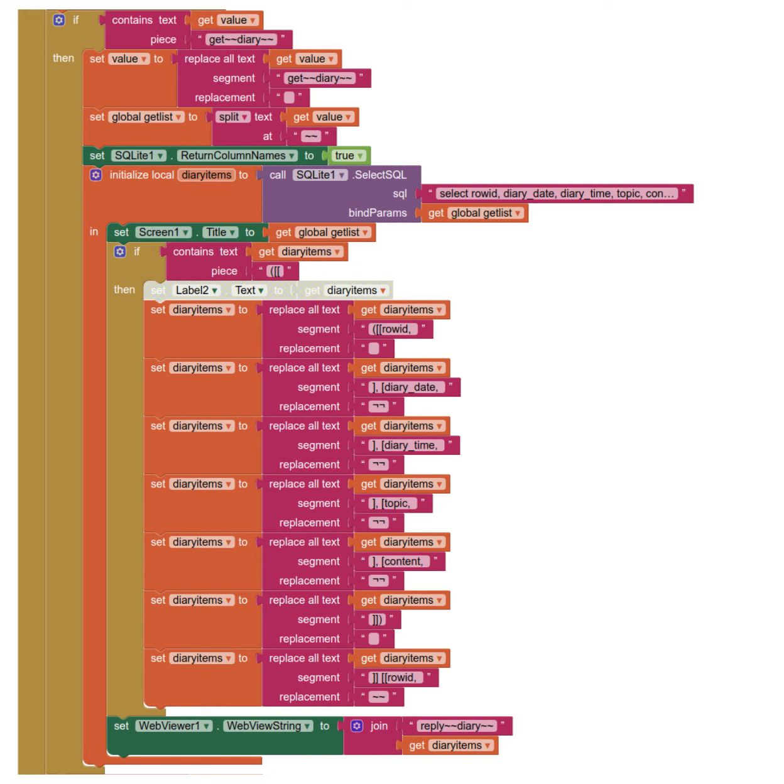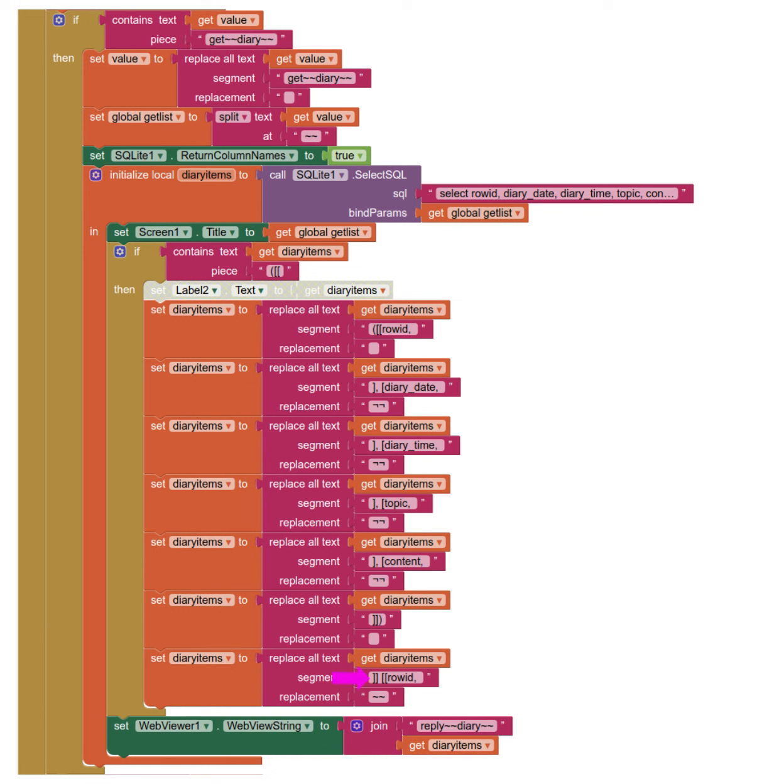Diary entries might contain text with commas or inverted commas, so we cannot just use these to split the string. If we use set SQLite return column names to true, the string will contain patterns of brackets, commas and spaces, as well as the column names that we can identify and use to split the string, and place double tilde characters between diary entries and double not characters between the items in a diary entry.